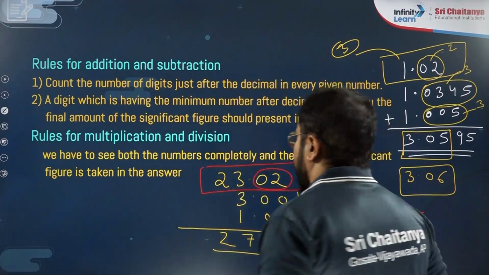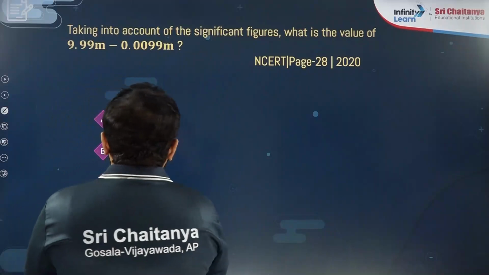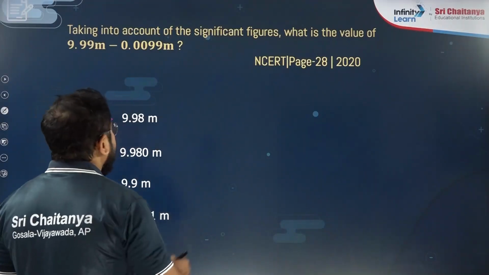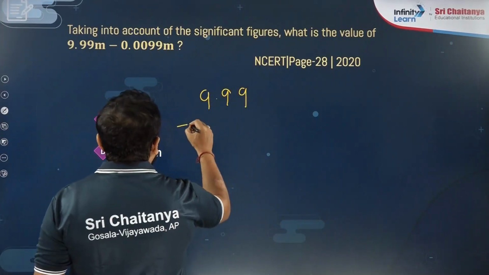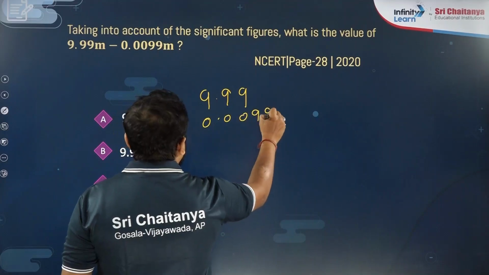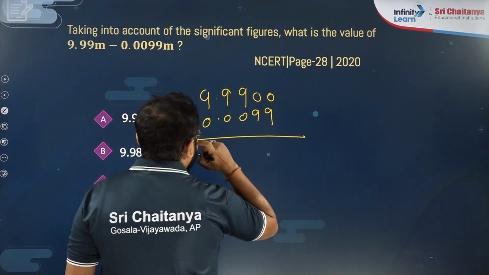So up to here the conditions are this. Let's see the next. Taking into account the significant figures, what is the value of this? The answer is coming here. So 9.99 subtract, that is 0.0099. Hence it will become what?